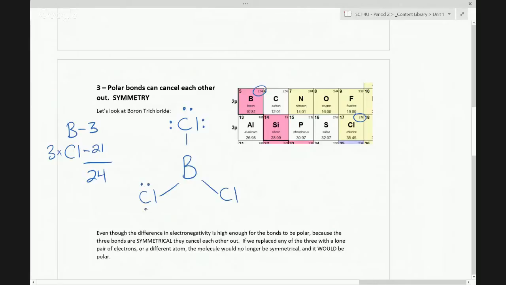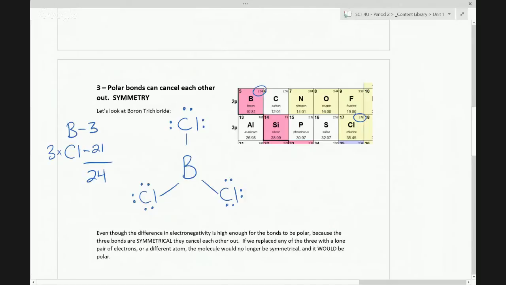And we fill in the surrounding valences. And then we just count electrons. We should have 24. I have 2, 4, 6, 8, 10, 12, 14, 16, 18, 20, 22, 24, which is enough, so I don't need to add any electrons.